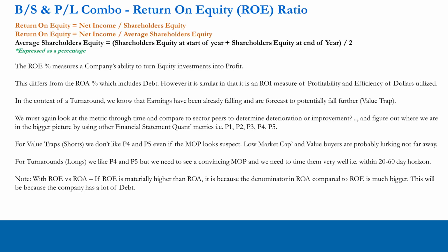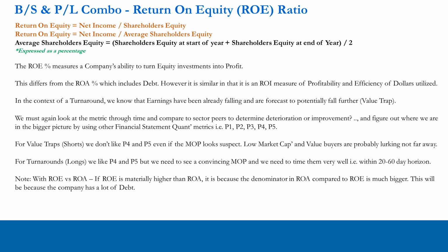And we need to be figuring out what likely phase we are in when the company has gone ex growth. So are we in phase 1, 2, 3, 4, or 5? So remember, for value traps, for potential shorts, we don't like phase 4 and phase 5.